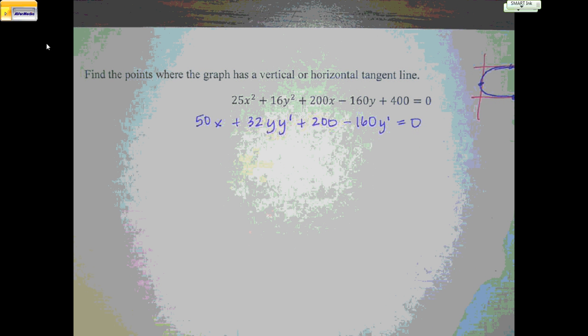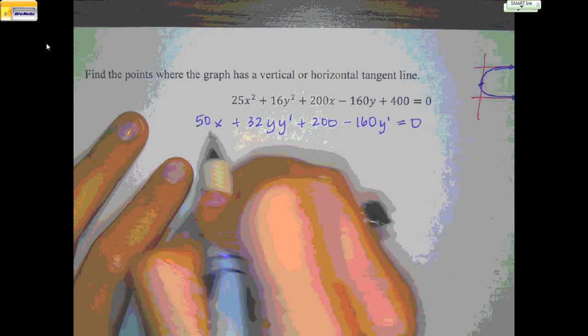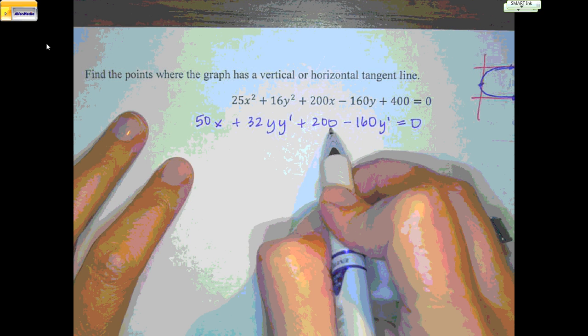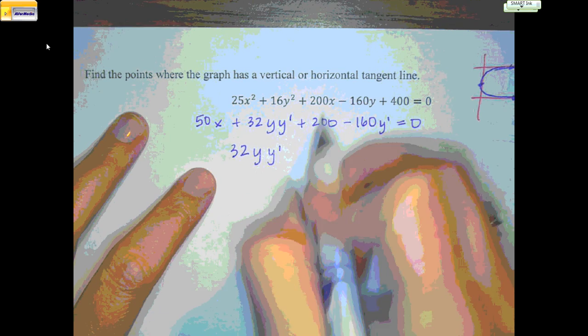That's the straight up derivative. We want to get the y prime by itself because we need to set that equal. We've got 2 different slopes we're looking for here. So to get the y prime by itself, we're going to take the 50x and the 200 to the other side. This is just like what we did yesterday.